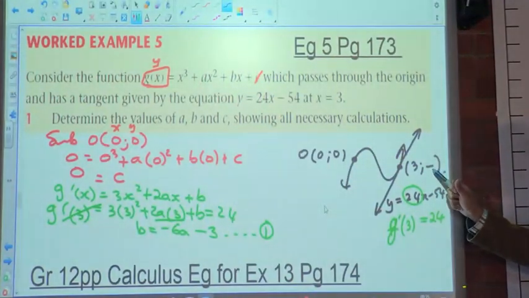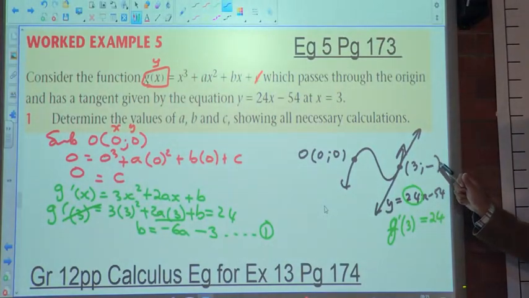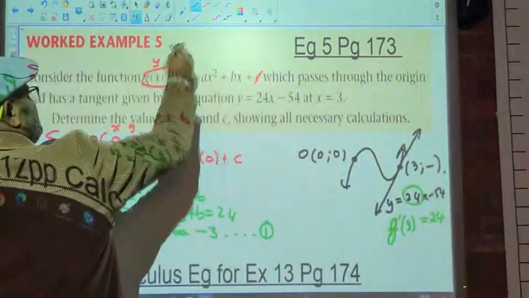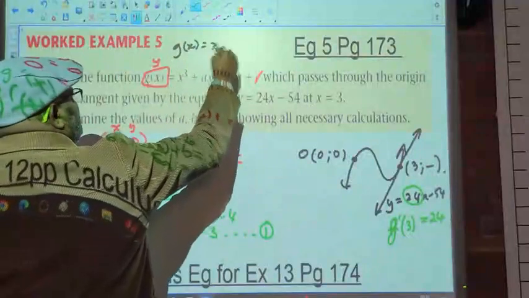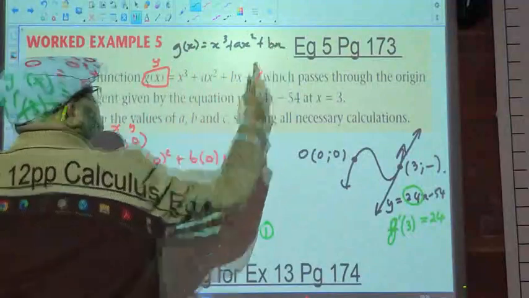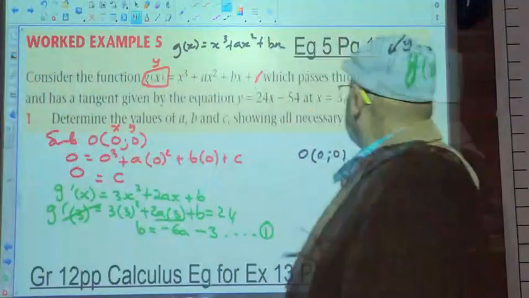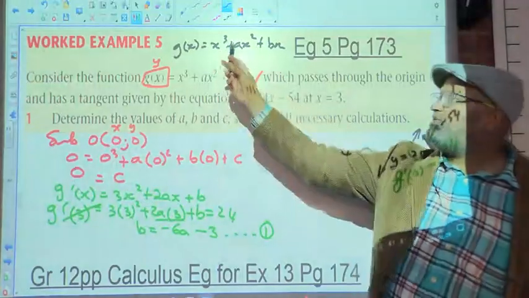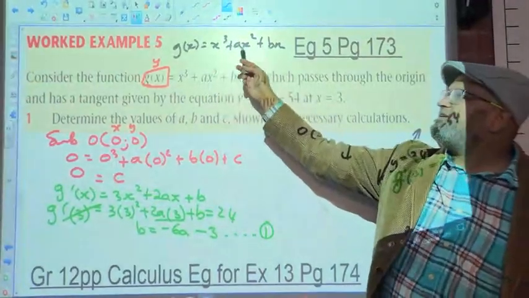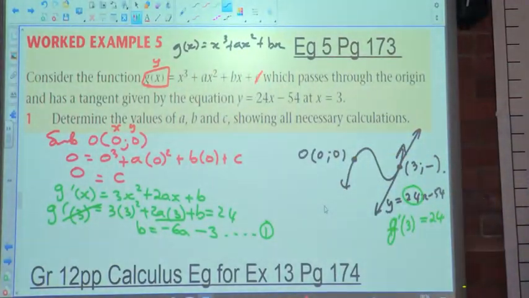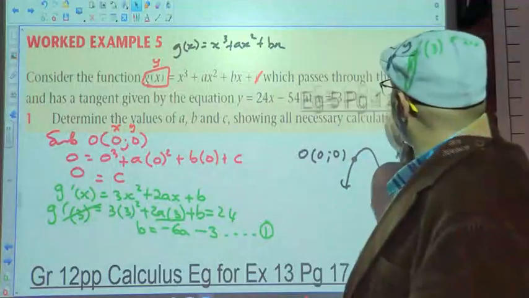If I got this corresponding y value, and I substitute that x and y into this, the equation now stands at g of x is equal to x cubed plus ax squared plus bx. If I substitute this x and y value into this equation, I will then get another equation dealing with a and b. You guys understand? So let's slow this down a bit.